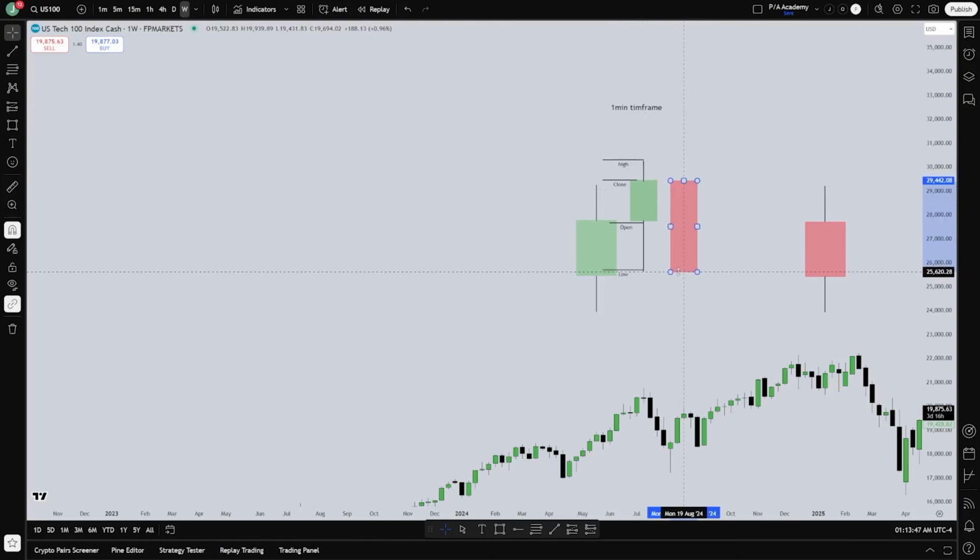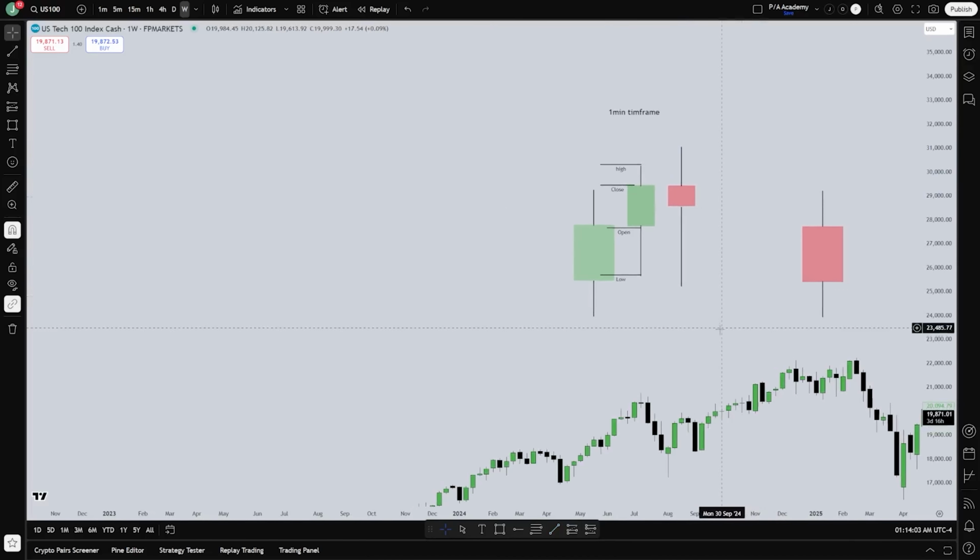Then it's going lower and takes the low, and closes back in. So it'll be something like this. This is what I would refer to as a rejection candlestick, I guess you could say.